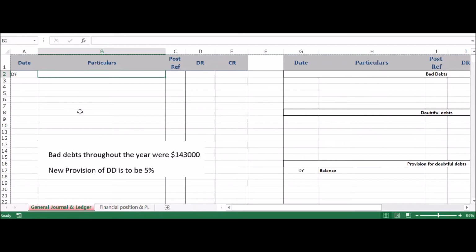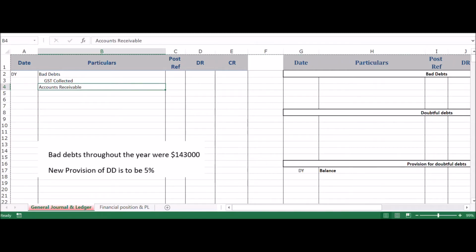For the bad debts for the year, we're going to use a bad debts account, and the other account we're going to use is GST collected and the accounts receivable, because bad debts are people that owe us money, and the accounts receivable are the people that owe us money. I'm just calling it the control account.